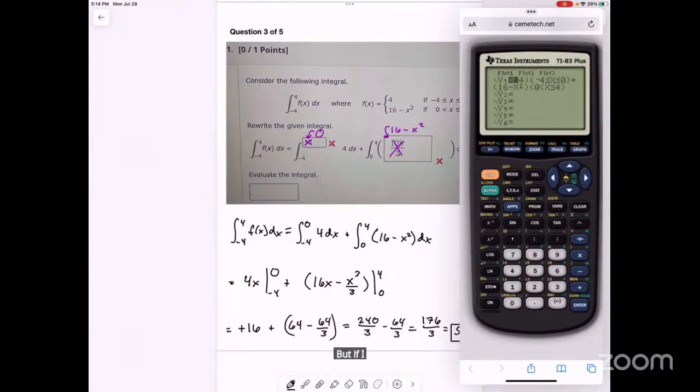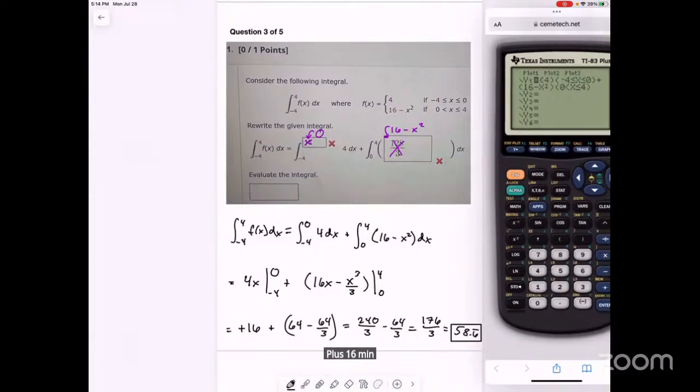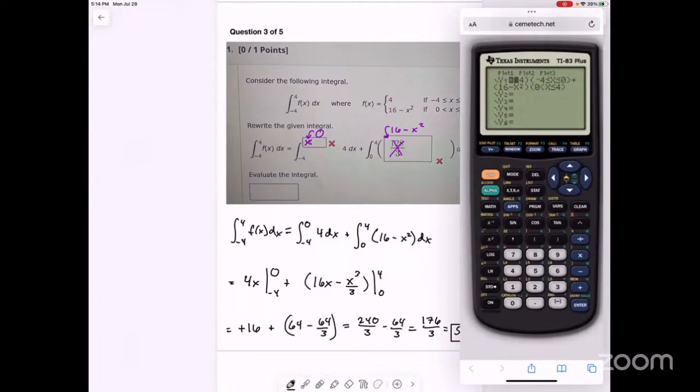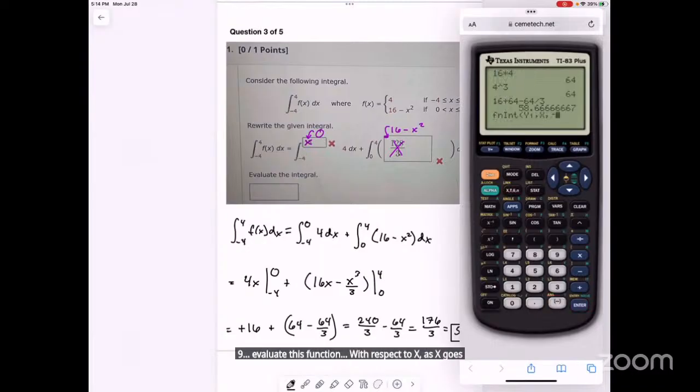But if I go here, negative 4 to 0 plus 16 minus x squared. And if I go number 9, evaluate this function with respect to x as x goes from negative 4 to 4.